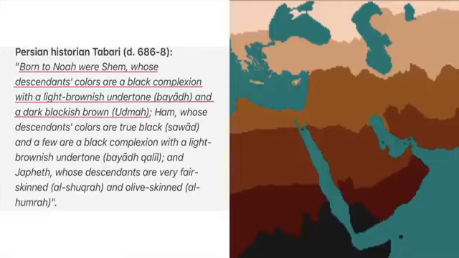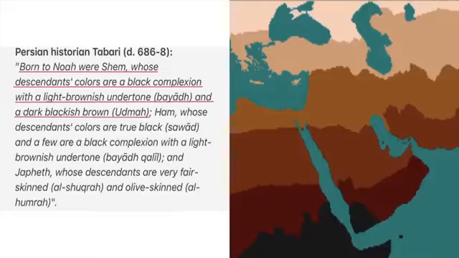And this is from the Persian historian Tabari. Born to Noah were Shem, whose descendants' colors are a black complexion with a light brownish undertone and a dark blackish brown.